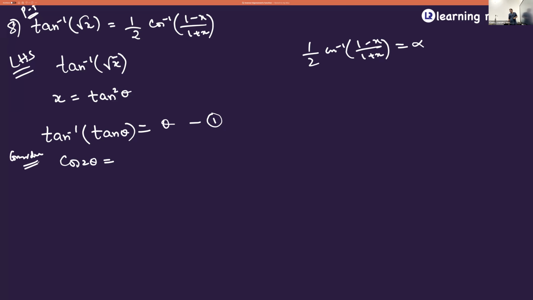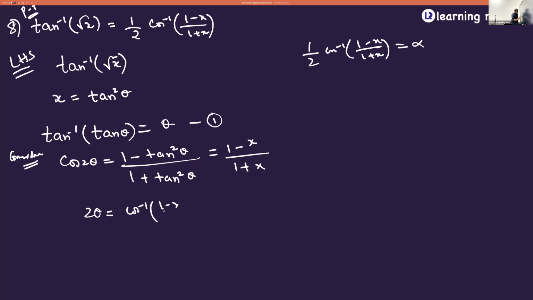Consider cos 2 theta, which is 1 minus tan square theta divided by 1 plus tan square theta. Makes sense? Right? 1 minus, what is the value of tan square theta? x divided by 1 plus x. This is what is cos 2 theta. So what is 2 theta?